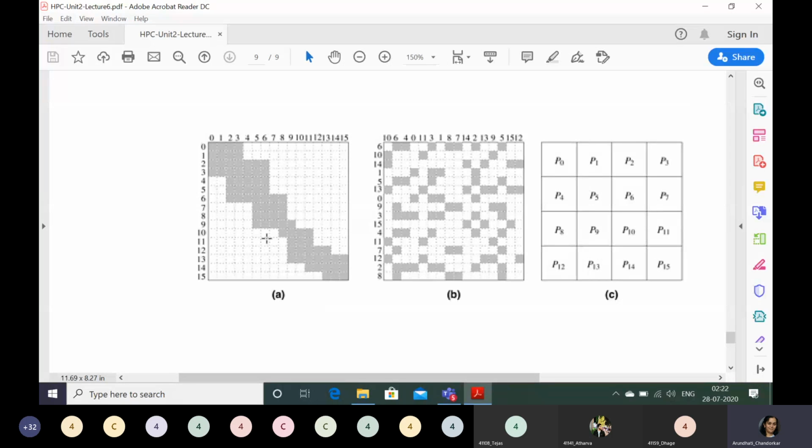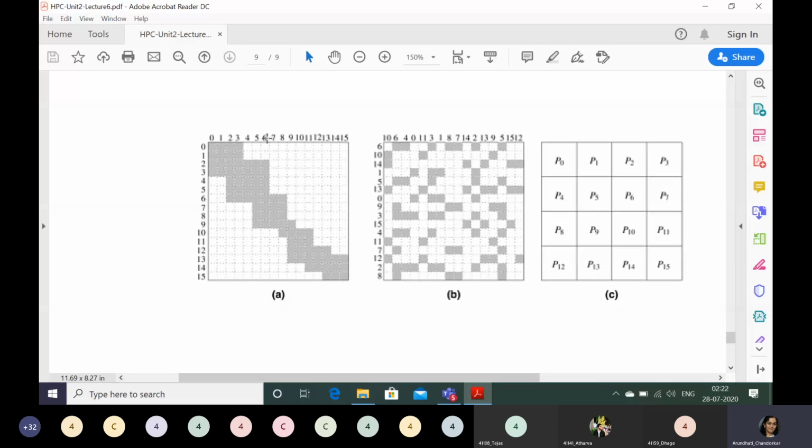Here we are dealing with two-dimensional randomized block distribution. The vector length is alpha times root p. Here you can see two vectors. The author has used two vectors, each of length 16, indexed 0 to 15.